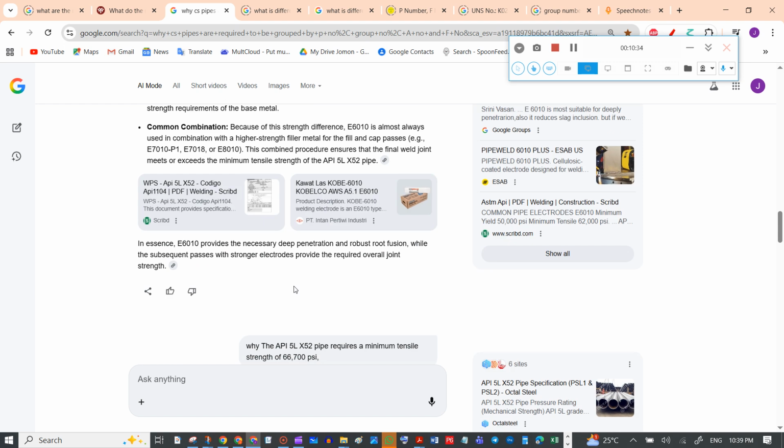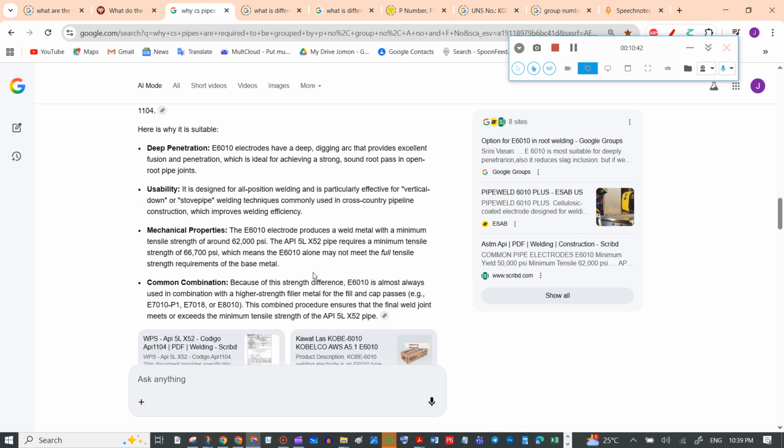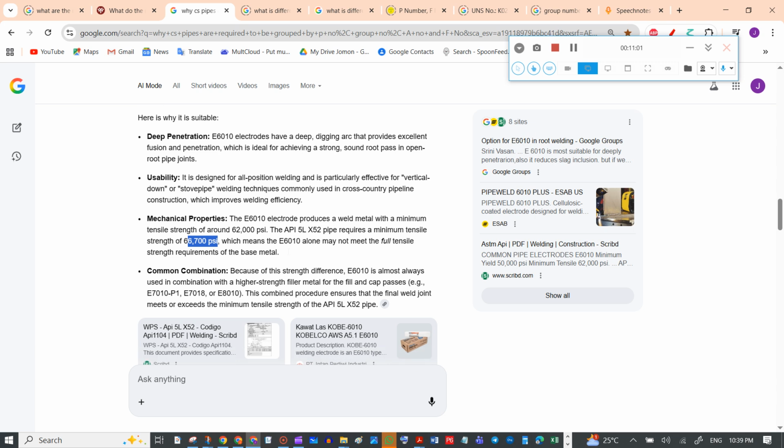So E6010 is used for deep penetration and root welding, but alone it may not be sufficient to achieve the minimum tensile strength of API 5L X52, that is 66,700 psi, so it is used in combination with the E7018 electrode, which has a strength of 70,000 psi.